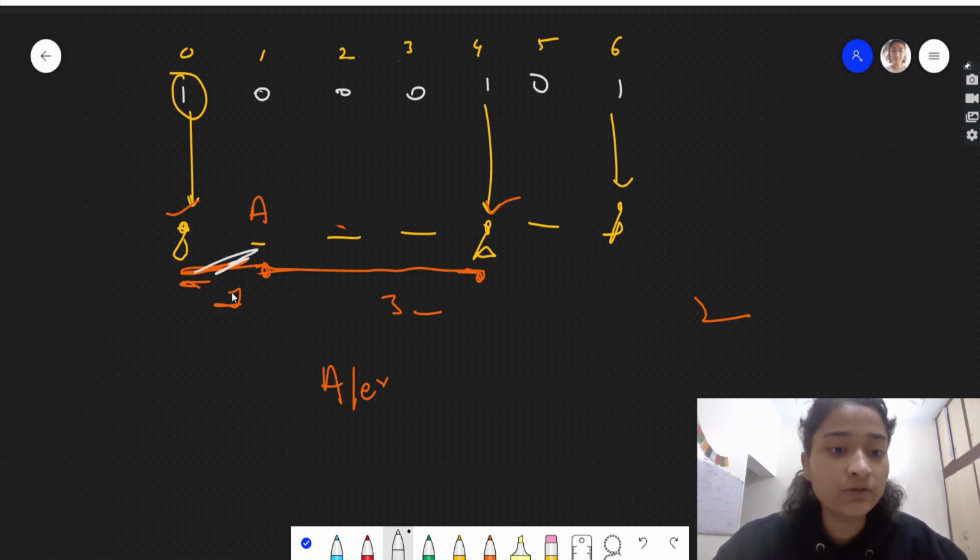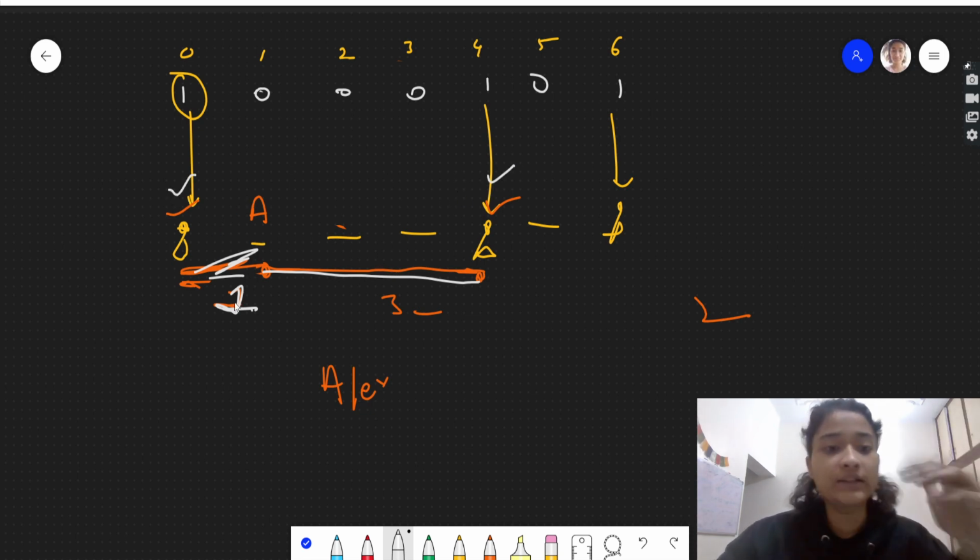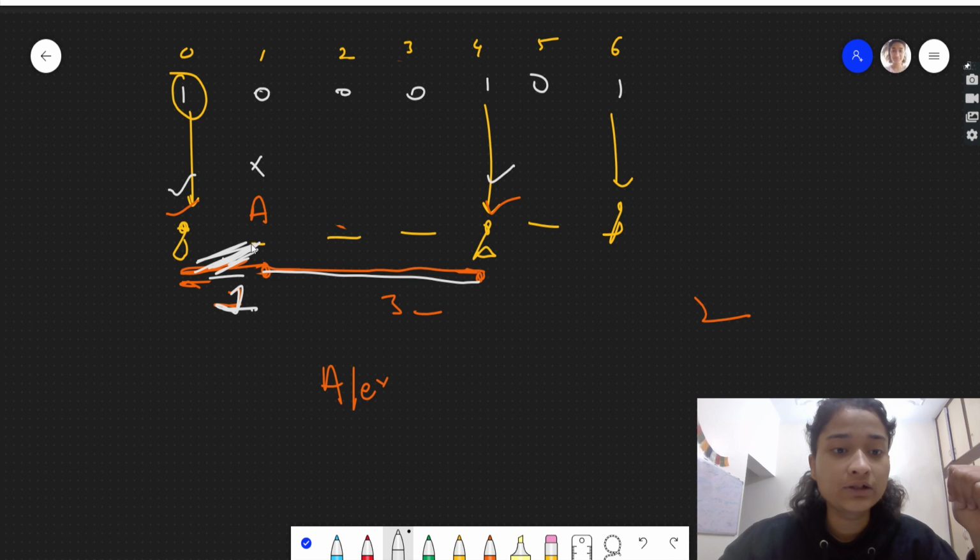So over here it's 1, even though this is 3, since this is less, this is the minimum distance, 1. So we have to consider both sides, left also and right also, and from that we have to take the minimum because that person is closer. So this seat does not give us the maximum distance, right?